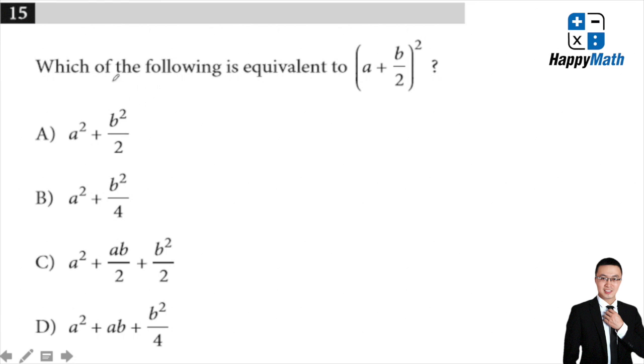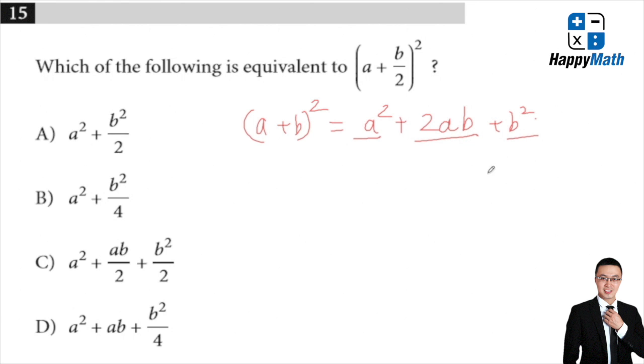15. Which of the following is equivalent to (a plus b over 2) squared? You got the square of the sum. This formula or identity is like this: a squared plus 2ab plus b squared. Another way to describe this one is the first number squared, plus the product of 2 with the two numbers, and the second number squared.